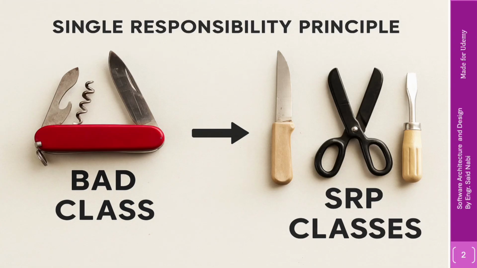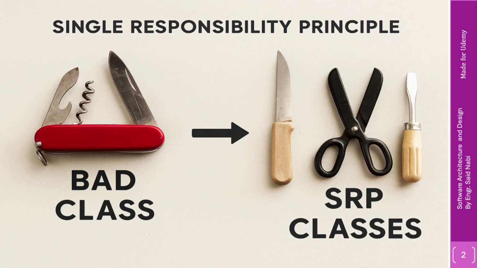Now let me give you an analogy of the single responsibility principle, a real-world analogy. So let me show you a tool. Here you can see a bad class and good classes. Though in the real world this tool is considered the best tool, in software engineering, when we create classes, the classes should have only one responsibility.